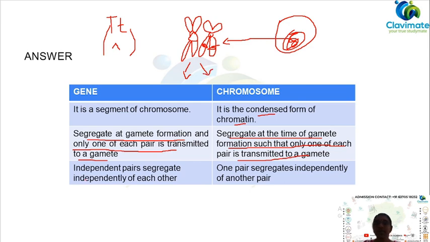Next difference: independent pairs segregate independently of each other. This is similar to the law of independent assortment. Here, one pair segregates independently of another pair. If this one comes, it doesn't mean the other also has to come together. So this is almost like independent assortment, but with the chromosomes.